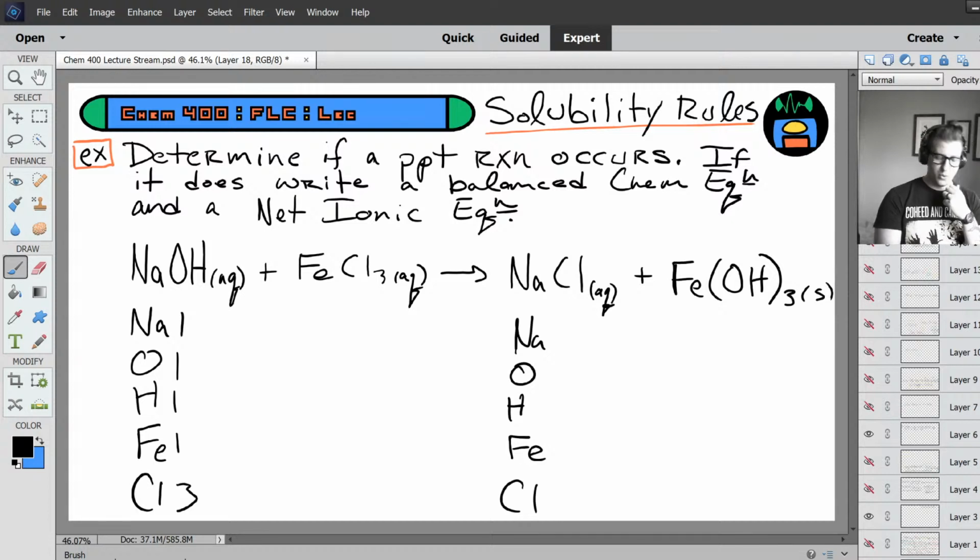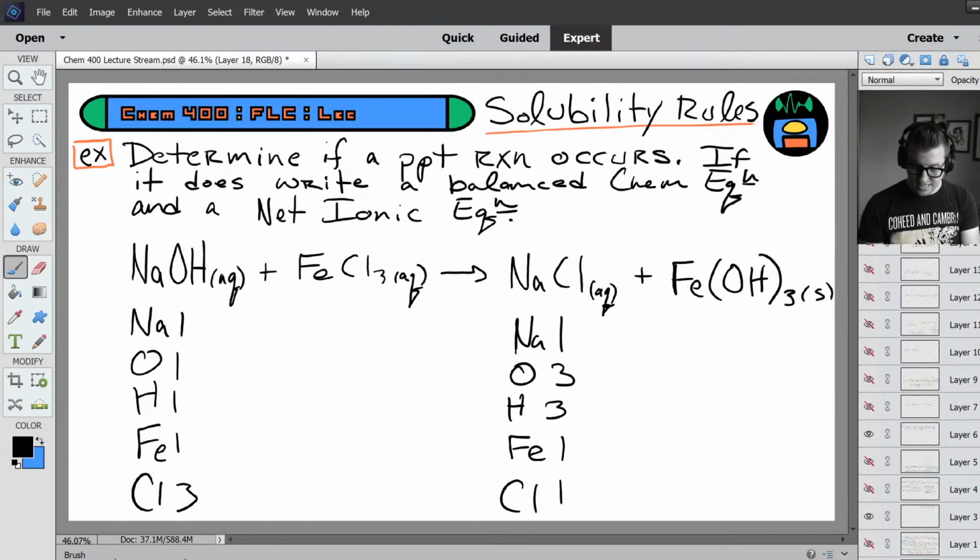Wow. Chlorine is 3. Okay, that wrecks the curve. Sodium is 1, oxygen is 3, hydrogen is 3, iron is 1, chlorine is 1. Well, one thing that clearly needs balancing is this chlorine situation, right? We need 3 chlorines on our product side.